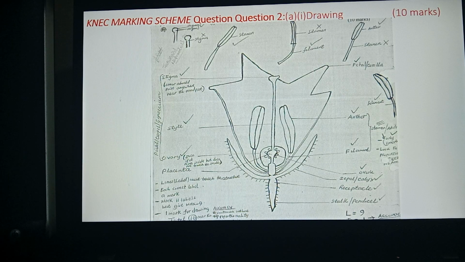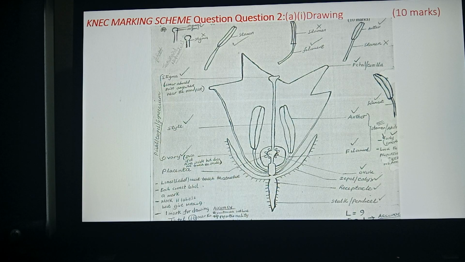Placenta, a tick. All right. Then you have receptacle and the stalk or pedicel. Note, label lines must touch the structure. Each correct label a mark. Mark 11 labels but give maximum 9. One mark for drawing accuracy, which should be a continuous outline.